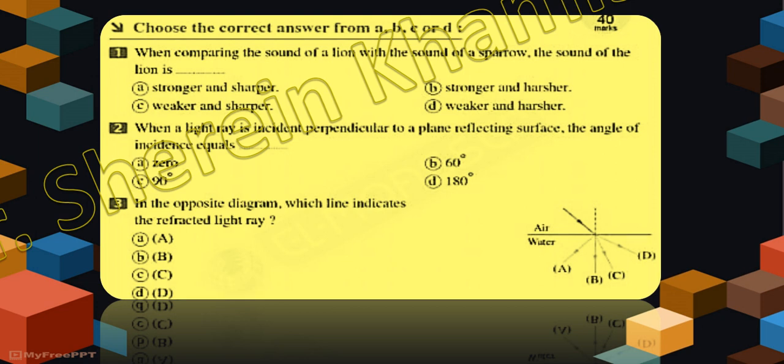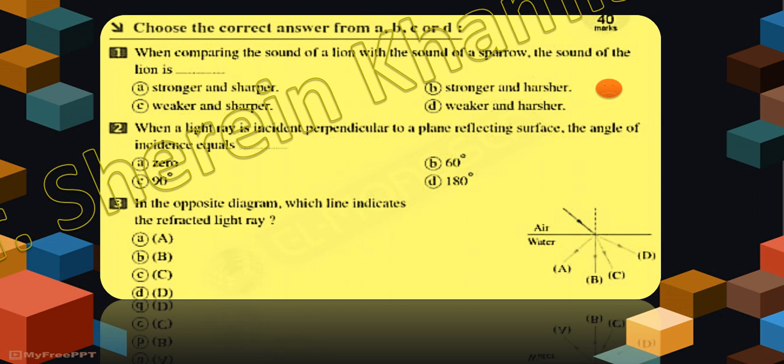So we have the lion only that we want: stronger and harsher, stronger and softer, weaker and harsher, weaker and softer. The sound of the lion is not weaker, so we have here two. Strong and softer, no. The right answer will be stronger and harsher. Okay, this is the first question.